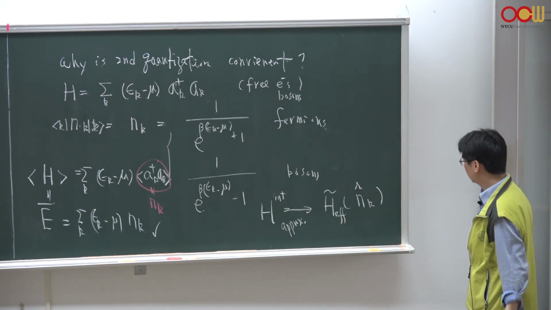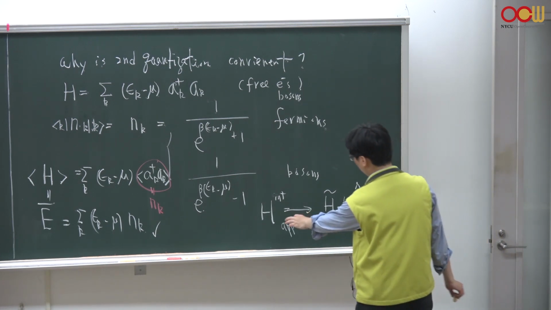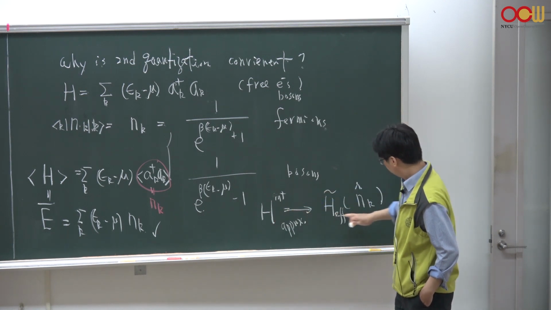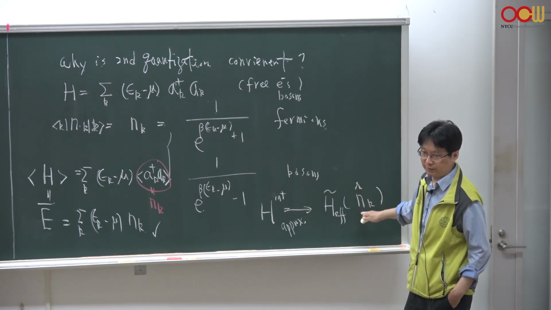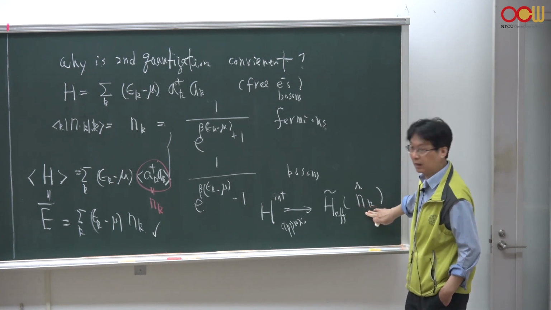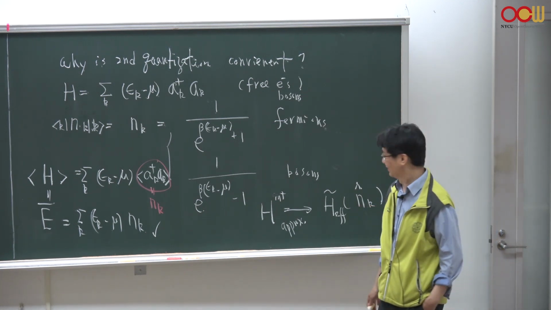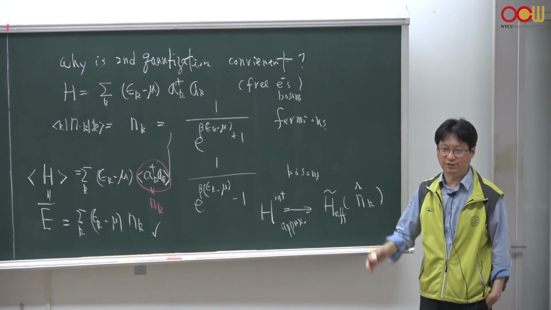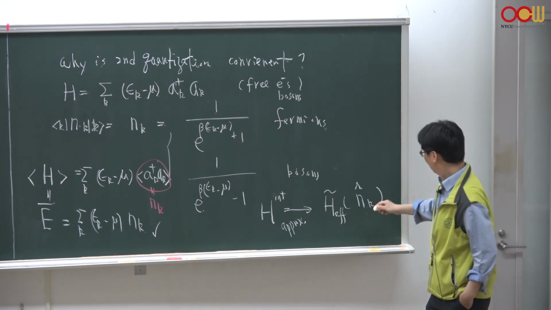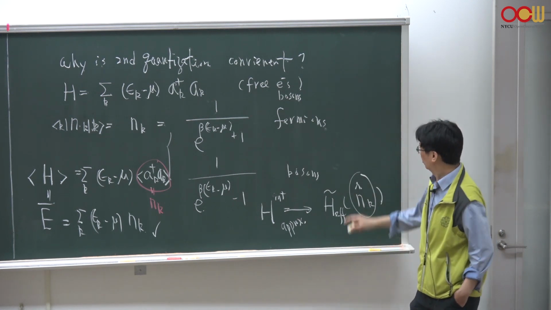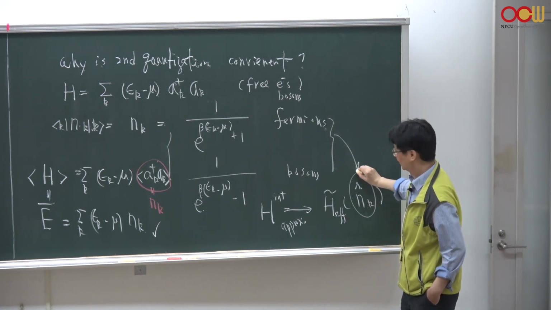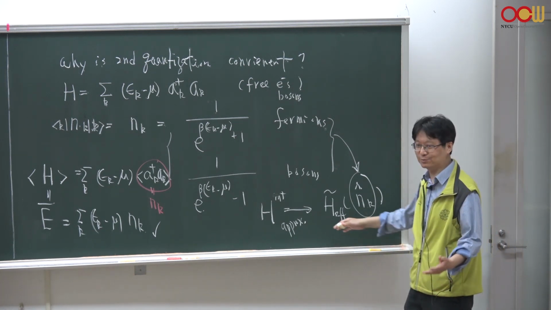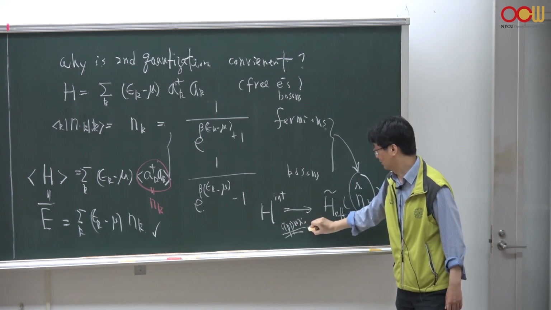So the lesson is that no matter how difficult the problem is, we can always try to reduce the Hamiltonian to operators which contain the number operators. Okay, remember that the Hamiltonian operator is a function of a number operator, and we know how to deal with number operators because we already know this. Therefore, the problem is solved, approximately solved.